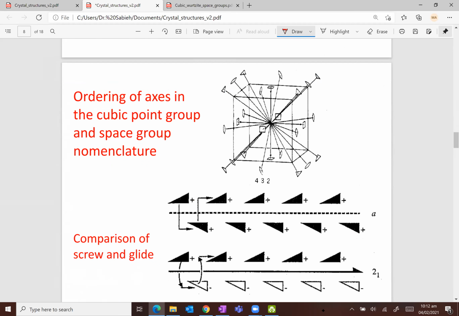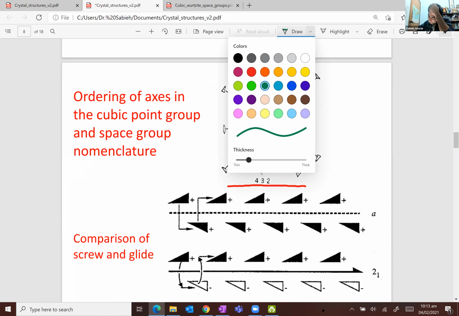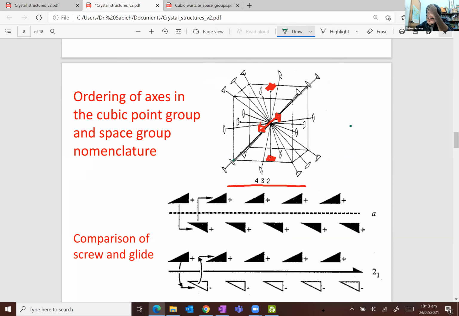So here is the ordering of the axis in the point group that I'm mentioning. If I have a point group 432, it means that there is a four-fold axis of rotation parallel to the cube edge, and it's shown over here. So these axes are parallel to the edges. Then there's a three-fold rotation axis along the body diagonal. Here you go.